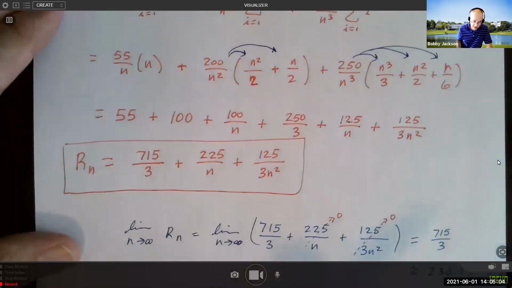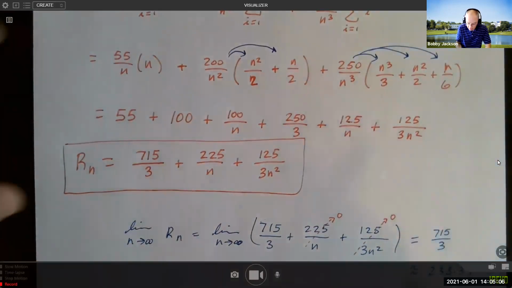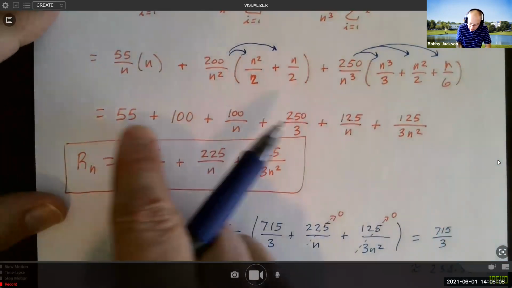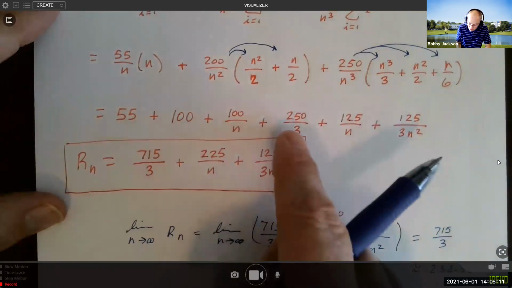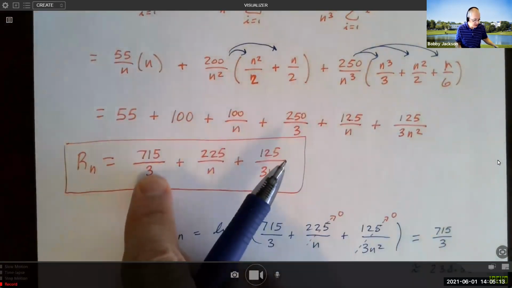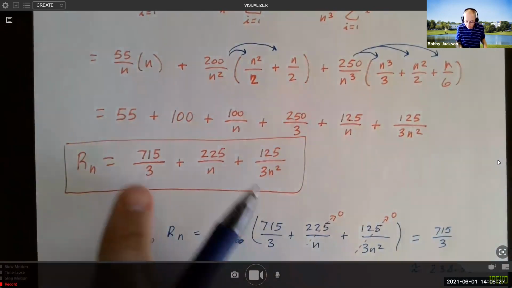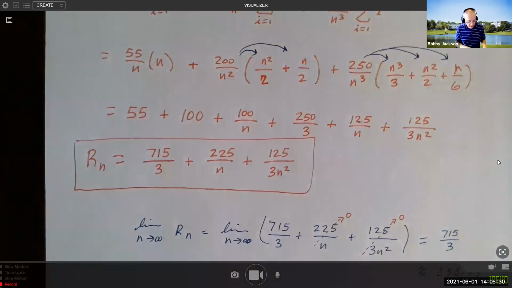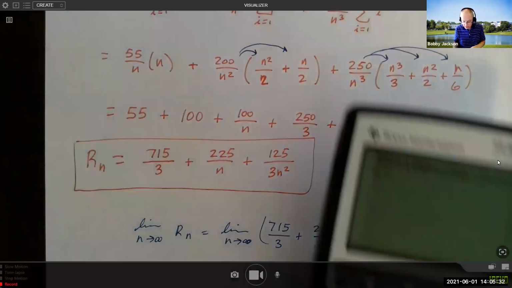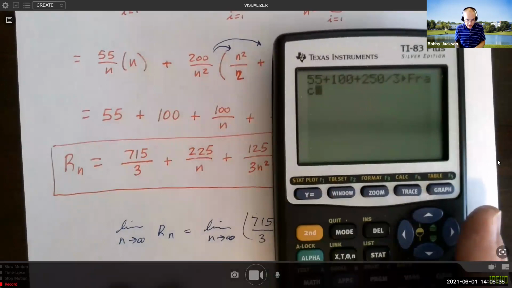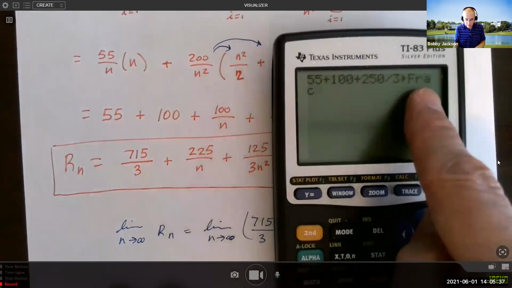I'd like to go ahead again and just make it compact as much as I can by combining like terms. 55 plus 100 plus 250 thirds is 715 thirds. You can do this by hand or whatever, but TI-83 or 84 calculators are allowed, and so in this calculation I can use my convert to fraction key.